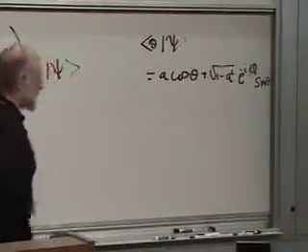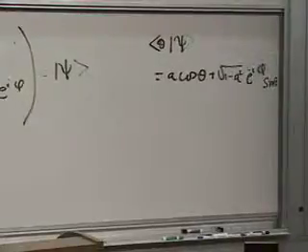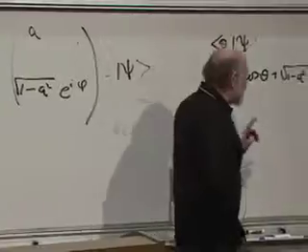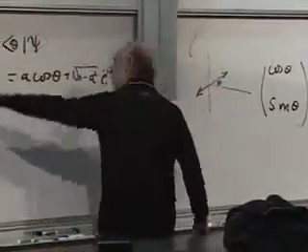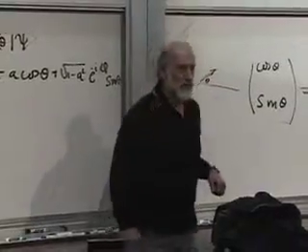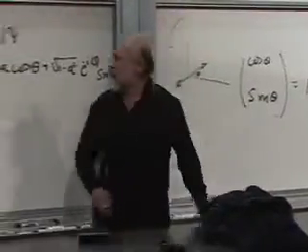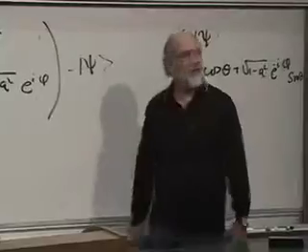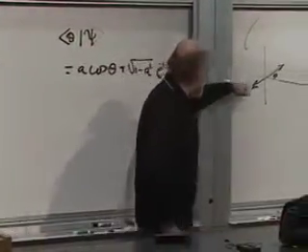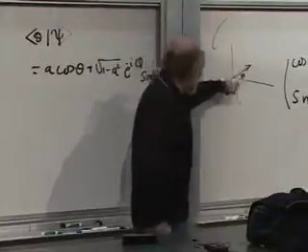Do we really want to carry this out? I don't really want to carry it out, but I want to tell you what you do with it when you find it. When you find it, you will then know the probability that this particular photon is polarized along the theta axis. Now, how do we find the major axis associated with psi? We maximize the probability with respect to theta.